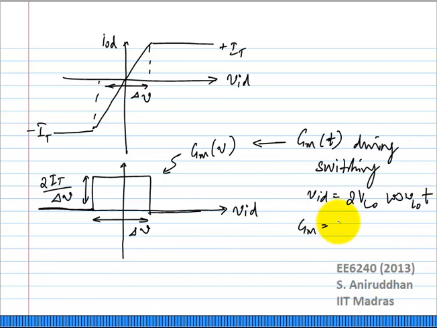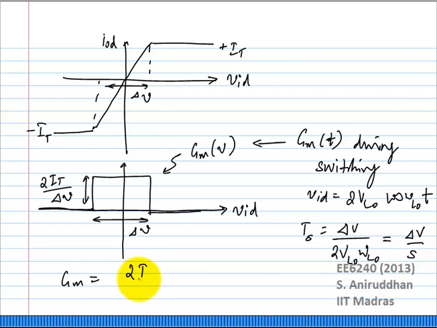GM, rather first let's calculate TS. TS is delta V by S, which is 2V LO omega LO. This is the delta V by S. GM is 2IT by delta V, and we'll rewrite this as GM of t.